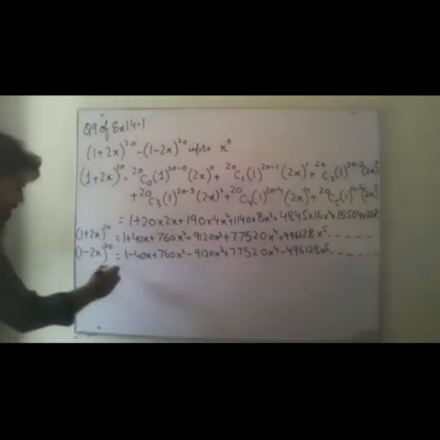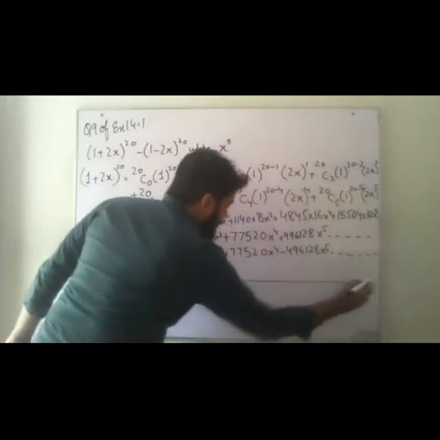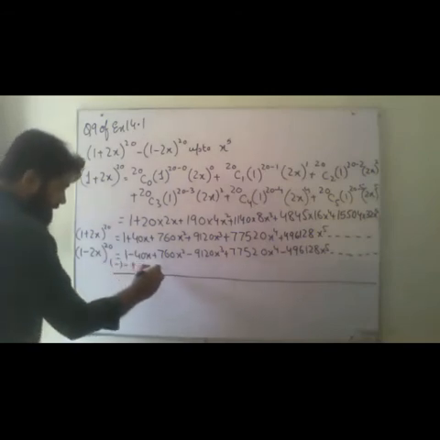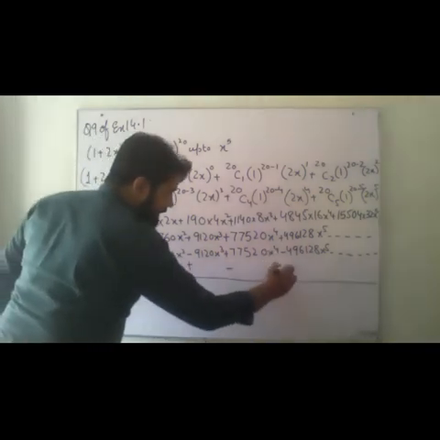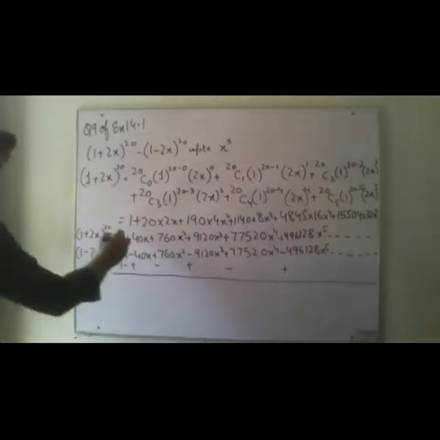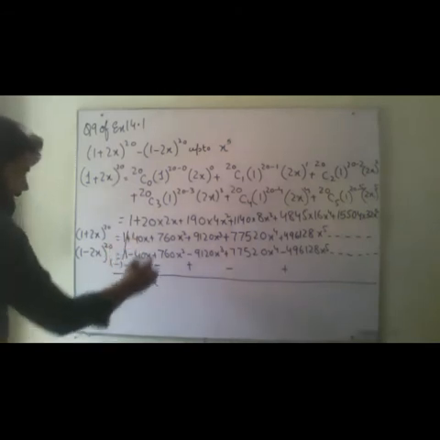So when I put a minus sign over here, this will become minus, plus, minus, plus, minus, and plus. So when I simplify it, 1 and 1 will be cancelled, 40x plus 40x will become 80x.